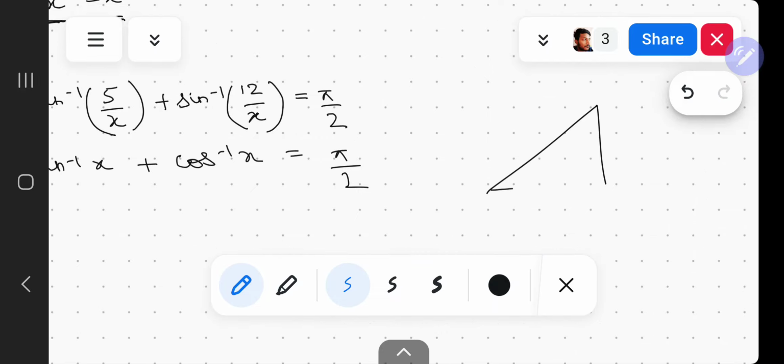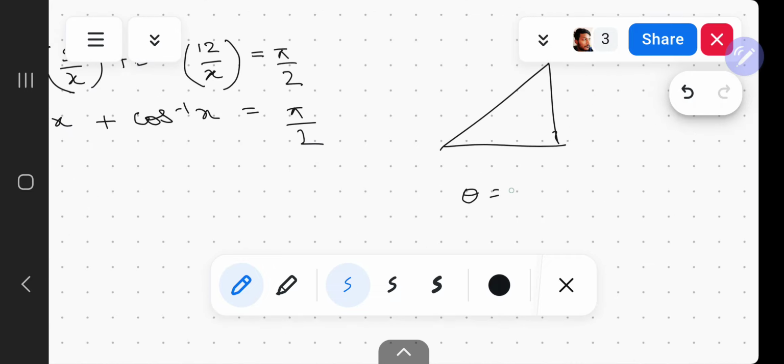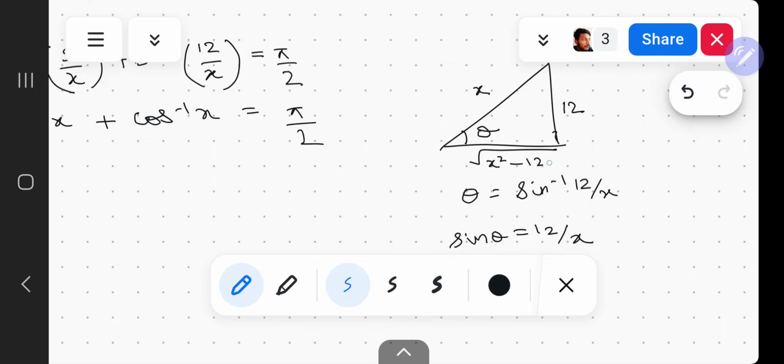So we'll draw a triangle and we'll write theta is equal to sine inverse 12 over x. So sine theta is equal to 12 over x. So the perpendicular of theta, that's the opposite side, is 12. The hypotenuse is x. And the base will be under root x square minus 12 square. So that will be our base.